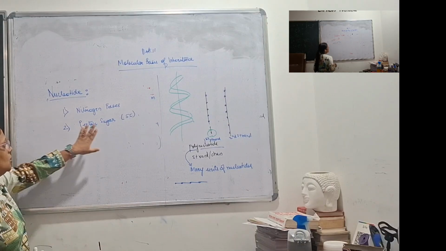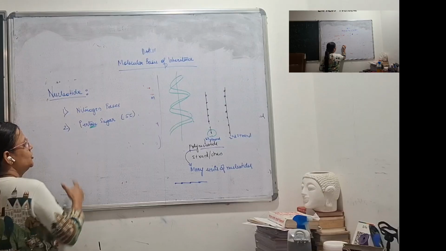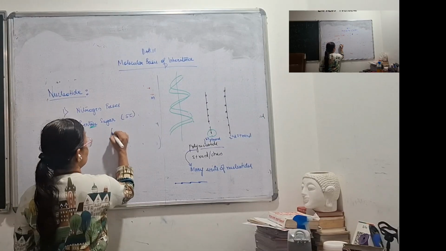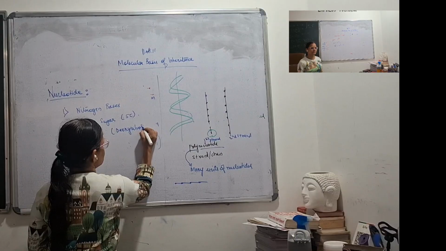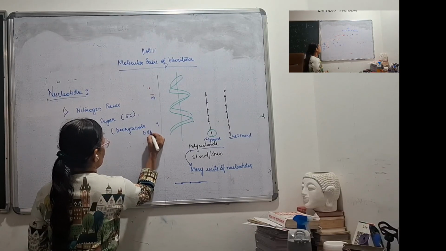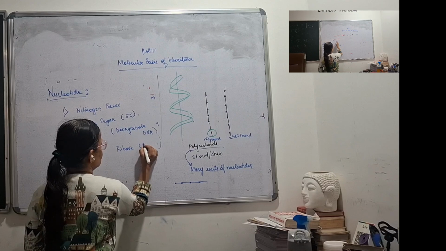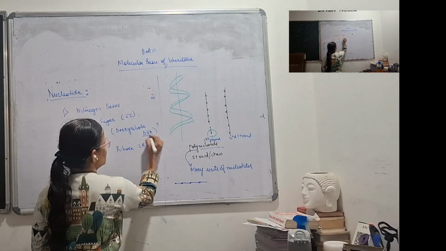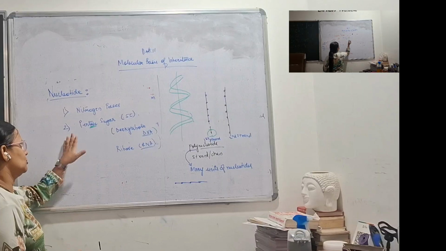So these are all sugars, but basically the nucleotide sugar, that is deoxyribose sugar, is present in DNA and ribose sugar is present in RNA. Both of these sugars contain 5 carbon atoms, so they are pentose sugar.